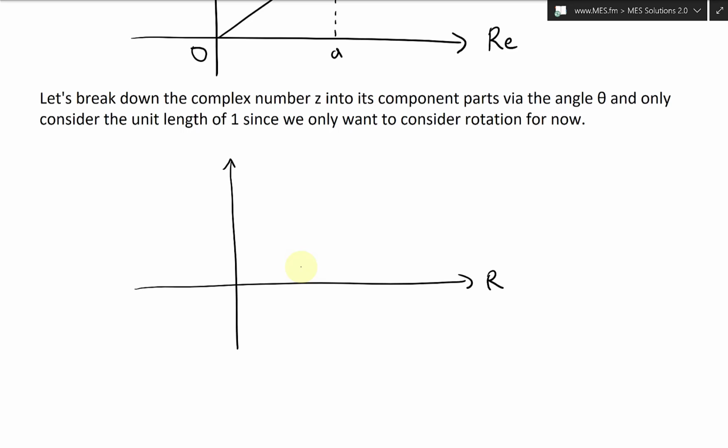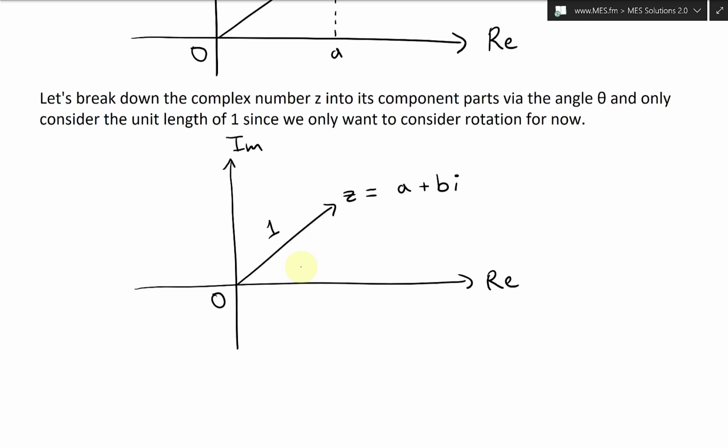This is the real, this is the imaginary IM, and we have an origin right there. Let's say we have the unit length here, so unit length is 1, just 1 to be easier to deal with. And this is our z equals A plus B I.